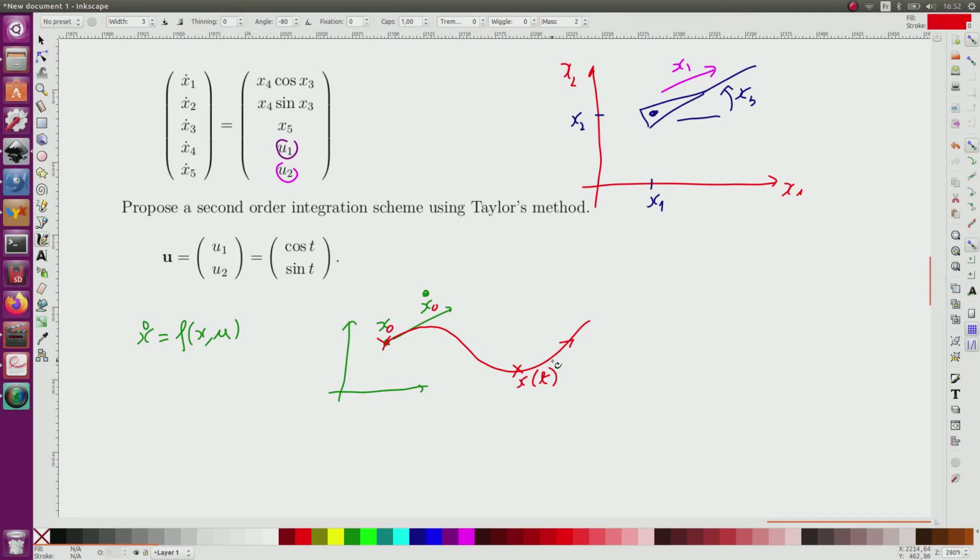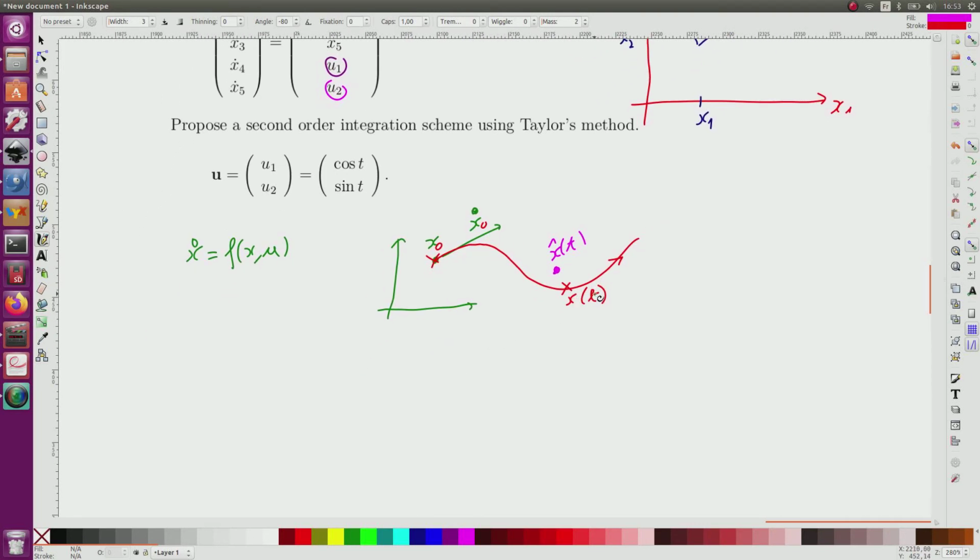So for this, I will assume that I have an approximation. So I assume that I know here an approximation. I will call it x hat, I will put it maybe here, x hat. It is an approximation of x of t. And with this, I will have to compute x hat at time t plus dt.